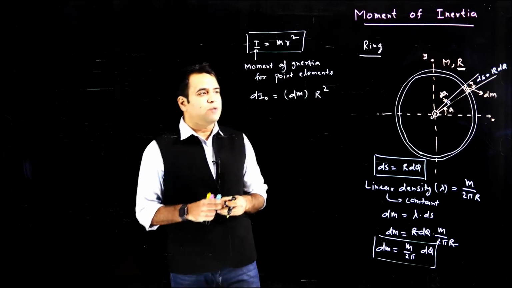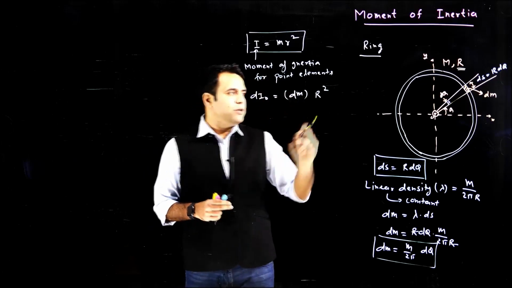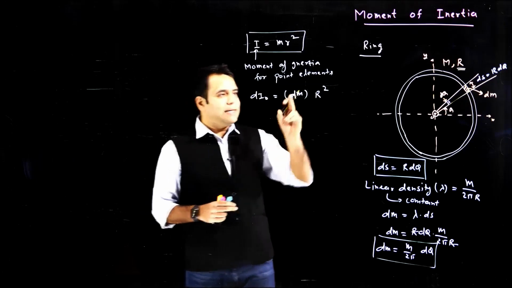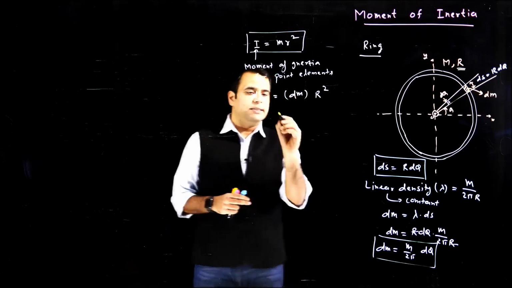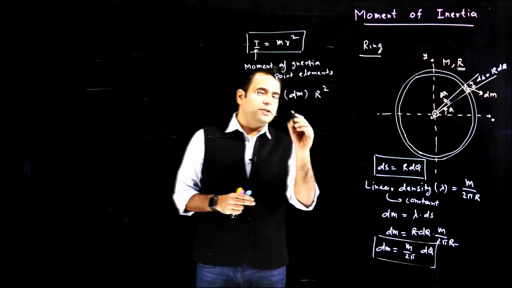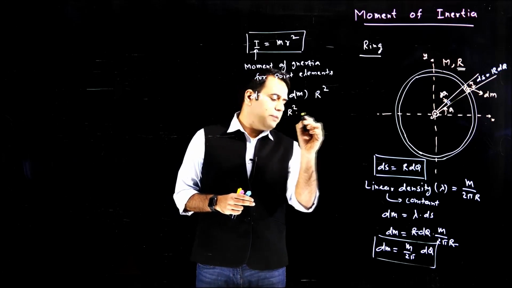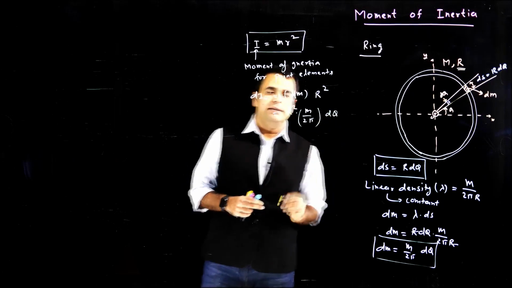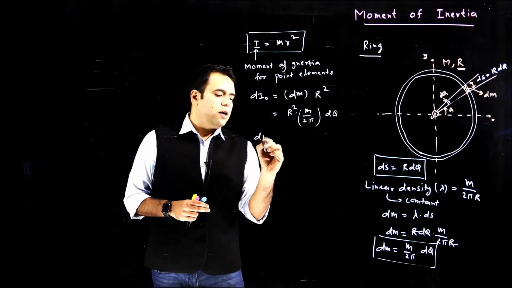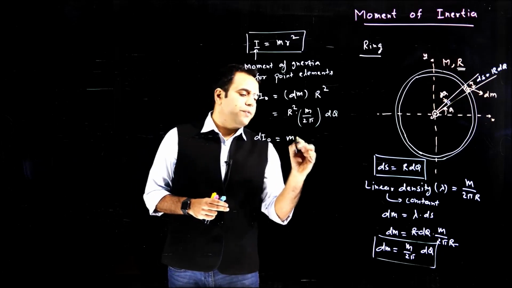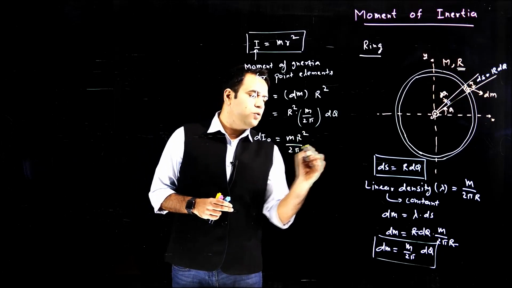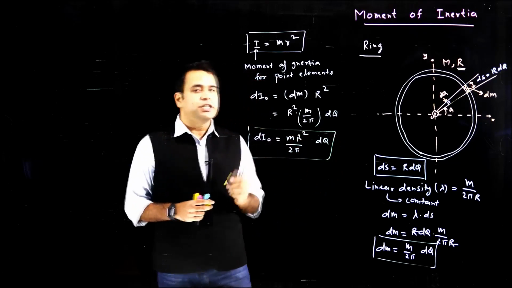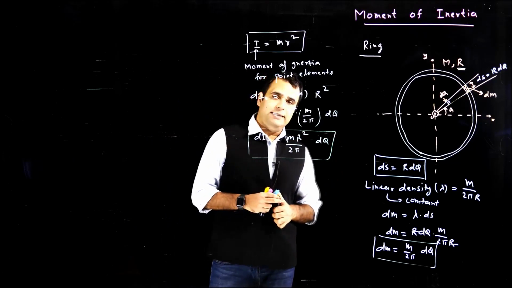From the formula m r square, in place of m I am writing dm because that is the mass of the element, and in place of small r I am writing capital R because that's the distance of the element with respect to the axis. So let's put the values. It is R square multiplied with m upon 2 pi times d theta, or dI_O will be equal to m R square upon 2 pi d theta. So that becomes the moment of inertia for the element about the axis O.